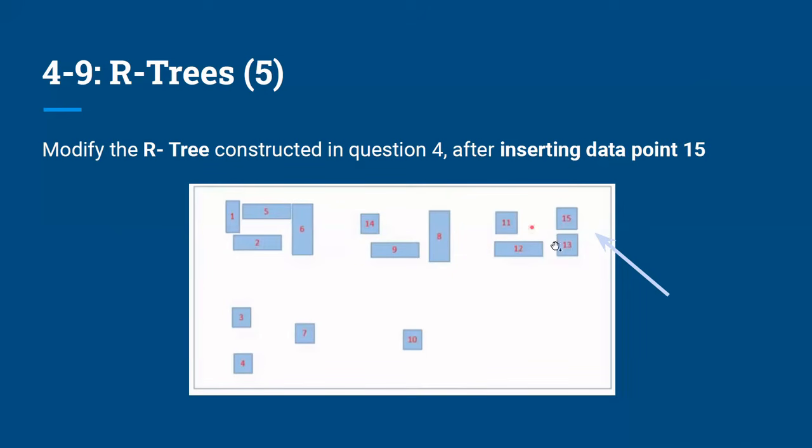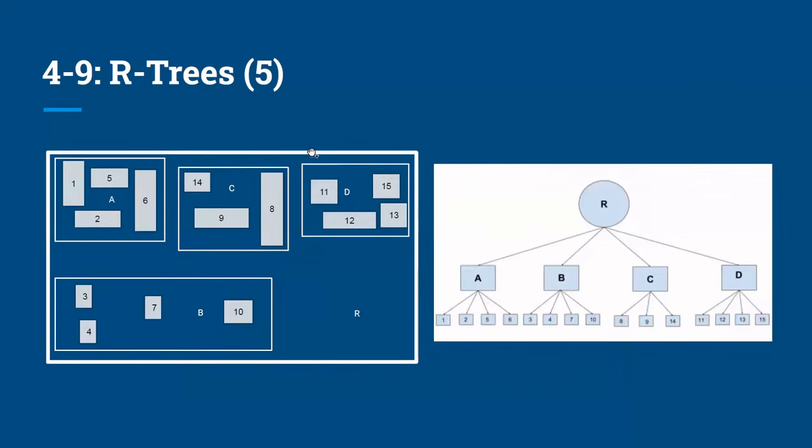What about 15 then? Where would it be placed? Well, it seems fair to have it along that group. Would there be enough space? Yes, there would be, and there is enough space to fit 15 as well. So it would be added and be part of the D branch right there. Easy.